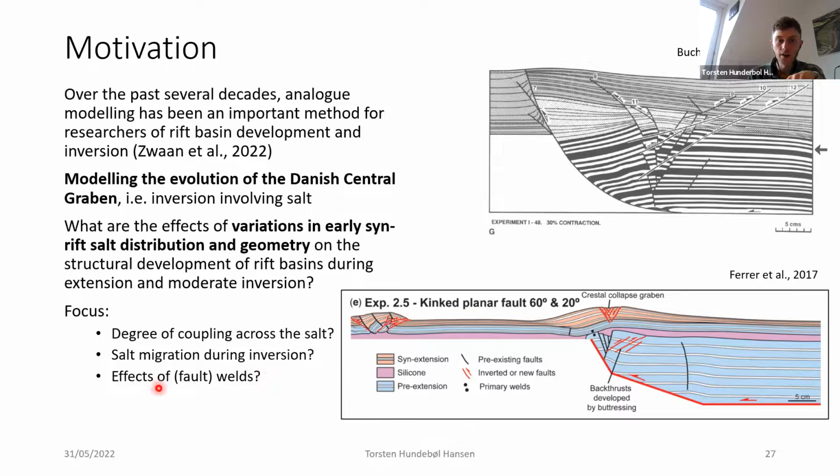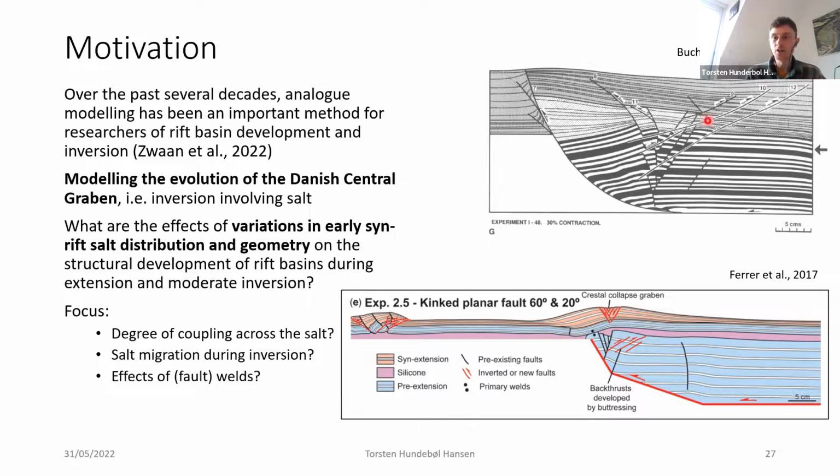And are there any particular effects of salt welds, and particularly fault welds, that might help us say something about how relevant, for instance, the triangle zone model of Stewart is to natural examples?